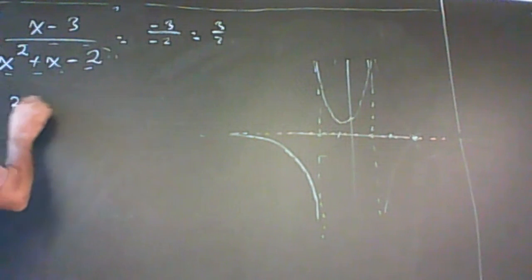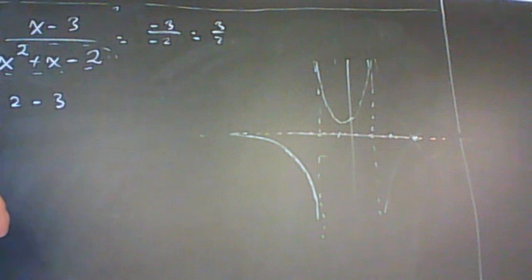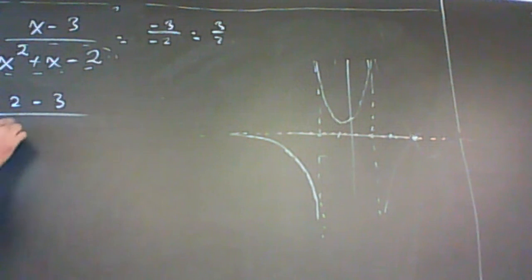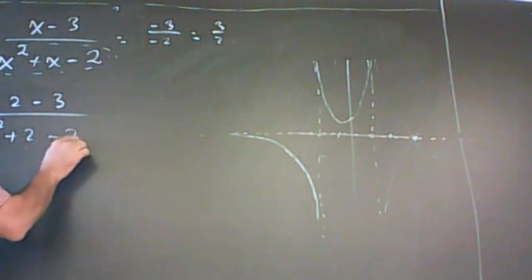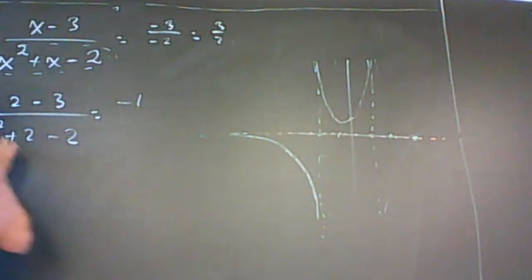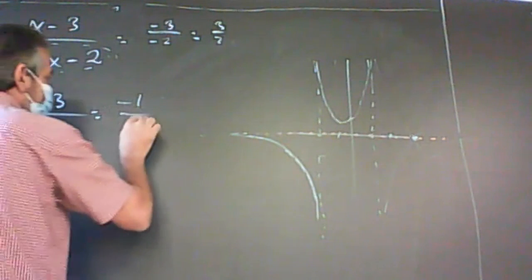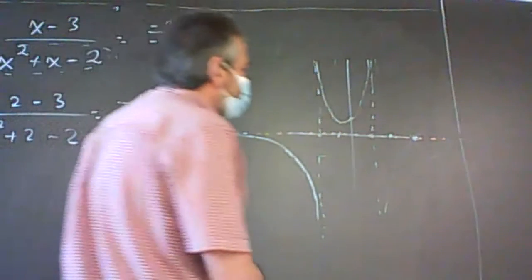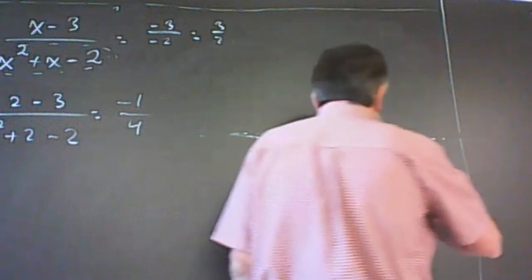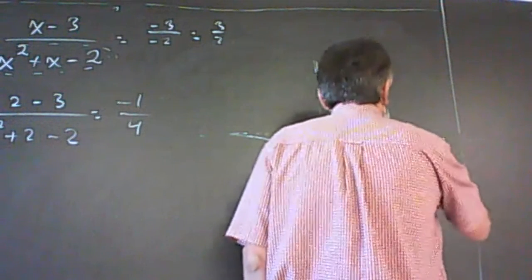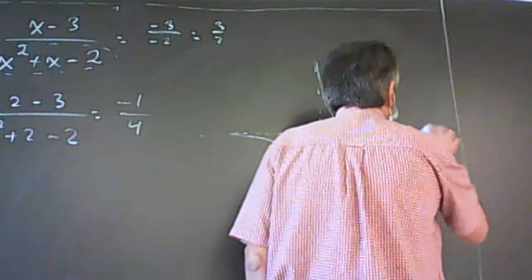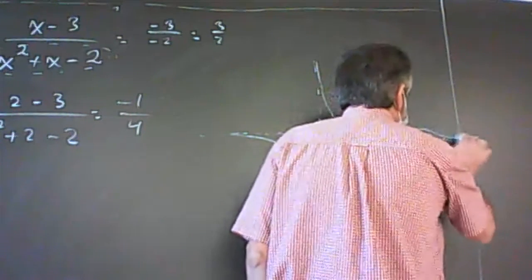So we end up with 2 minus 3 divided by 2 squared plus 2 minus 2. And that's going to give me negative 1 over 6 minus 2, which is 4. So negative 1 over 4 it is. Right here. So the graph is going to go like that. And it's going to cross at 3. And it's going to go down.